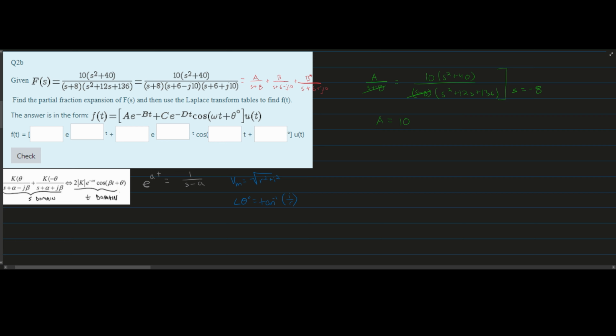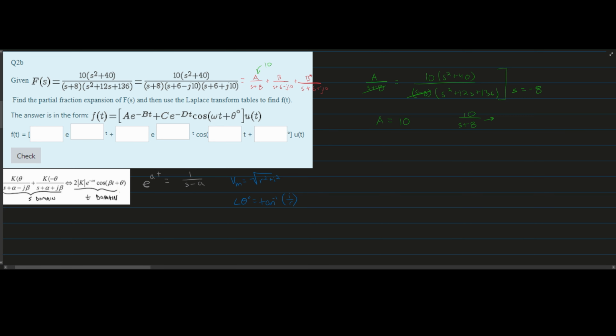So if we plug this into a calculator, we're going to get that our A is equal to 10. And then we can plug this back into here. So we found that our A is 10, and this is going to yield us a 10 over s plus 8. And now looking at this, we want to transform this with the Laplace transform to find our f(t). So the Laplace transform of this is going to be this.